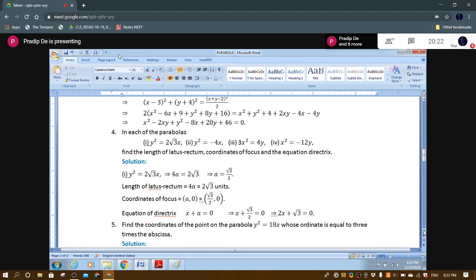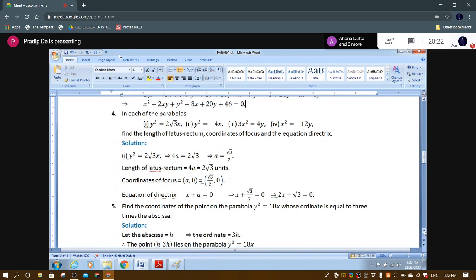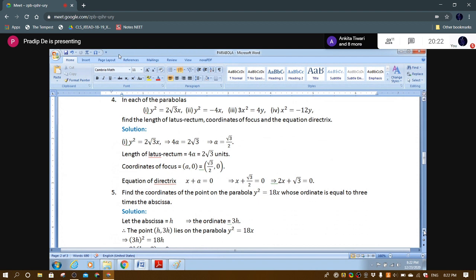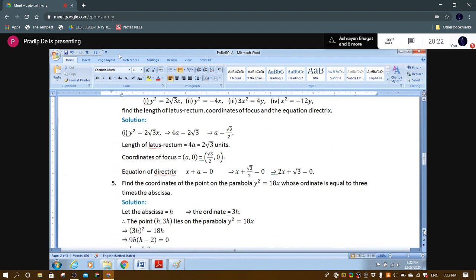Yes, sir, is it 2, 6? It is 2, 6. So how do you get it? Let the abscissa be h, therefore the ordinate is 3h. Therefore the point h, 3h lies on this parabola. Substitute. Put x equal to h, y equal to 3h. And you get the equation 9h squared is equal to 18h, from which we get two values of h.